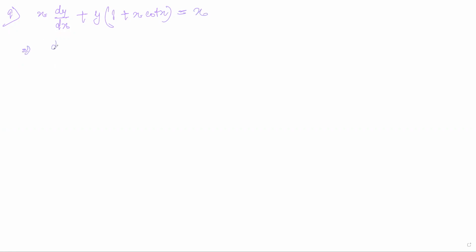So the correct form of equation is dy by dx plus, if you divide the whole equation by x, 1 by x plus cot x into y is equals to 1. So P is 1 by x plus cot x and Q is 1. As you told me, the integrating factor is x sin x, which is correct.